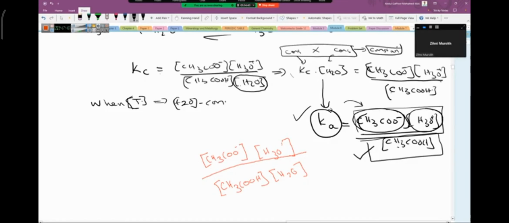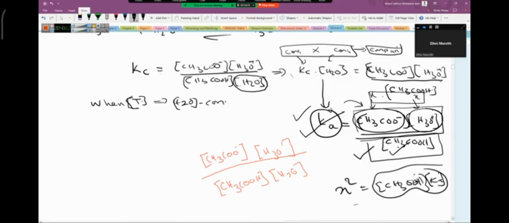If I take this as X, this is also X. I have been given the Ka value, and now I have to find X. So X squared is equal to the CH3COOH concentration, which will be given, times Ka. If I simplify this and take the square root, I will get the X value, that is, how much of the acid has dissociated into ions. When we do questions we can easily understand this.